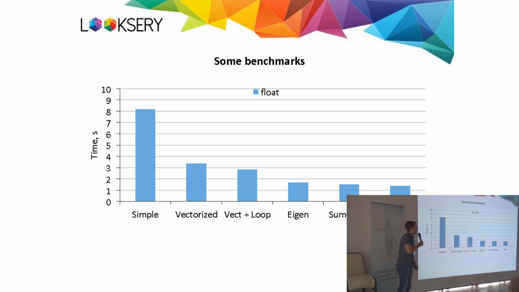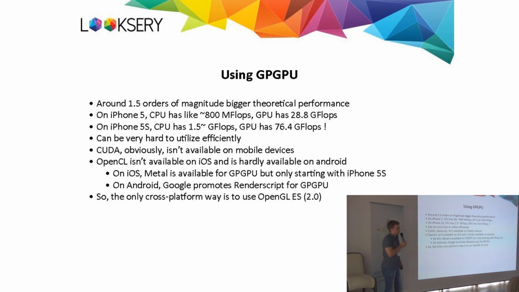We wanted to achieve even better performance, so we've taken a look at the GPU and at GPGPU on mobile devices. Well, that turned out to be pretty tricky for several reasons. But what are the reasons to use it? The GPU on mobile devices has 1.5 orders of magnitude bigger theoretical performance.